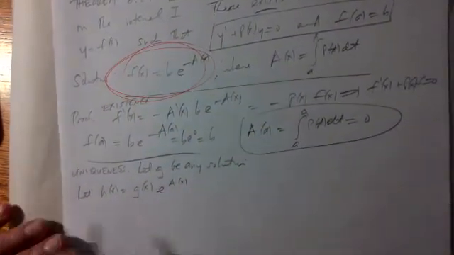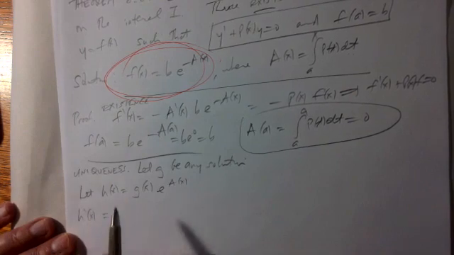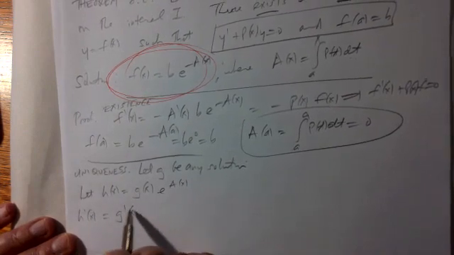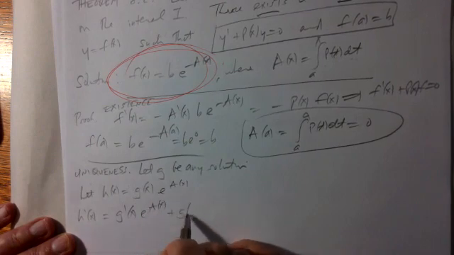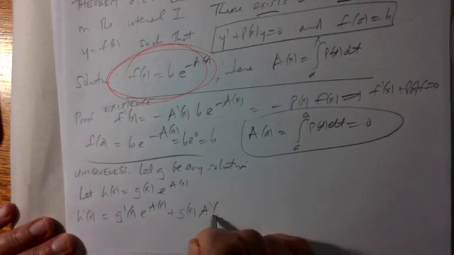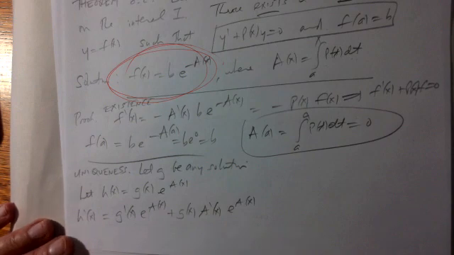Let's differentiate it. H prime of x, by the product rule, is g prime of x e to the A of x plus g of x times the derivative of e to the A of x, which is A prime of x e to the A of x.